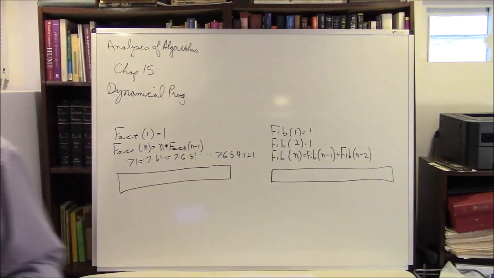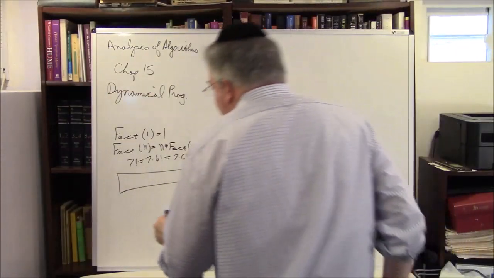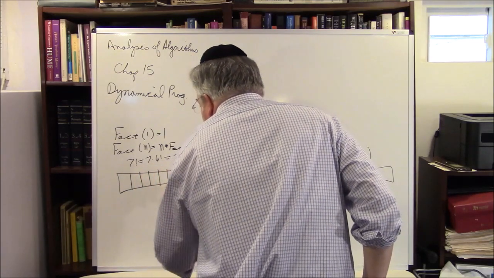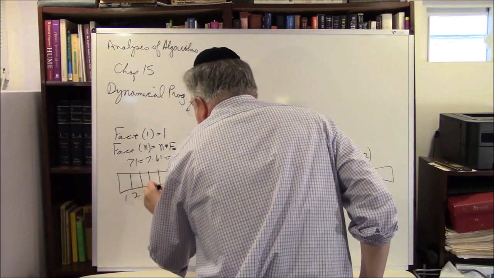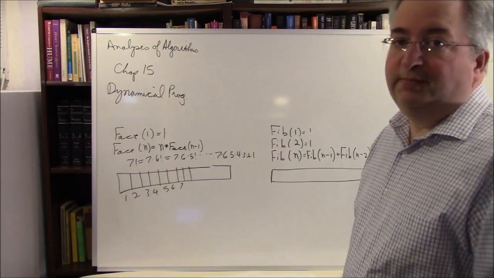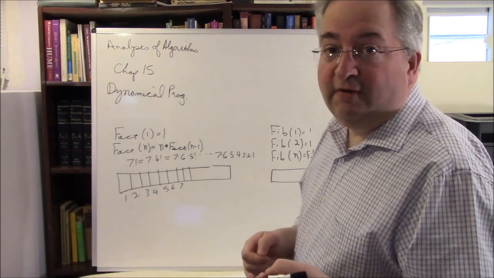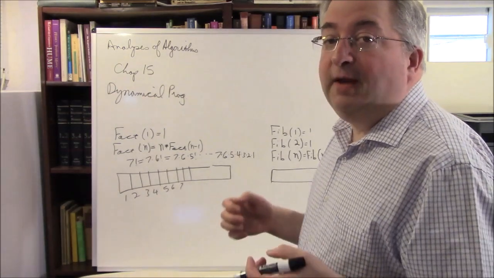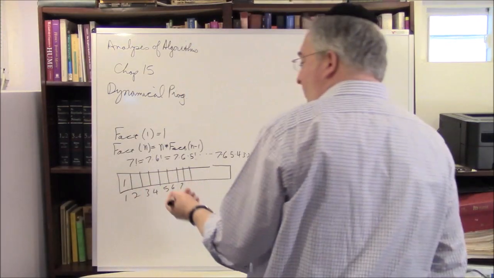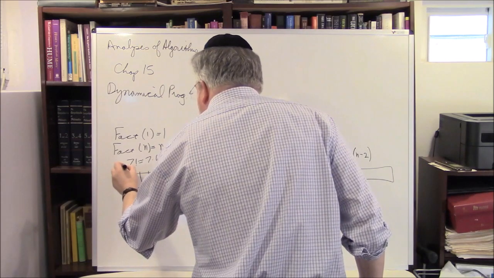But let's talk about the dynamical way of programming. The dynamical way of programming is much easier. It says as follows. You want to know what 7 factorial is? Very simple. Figure out what the small problems are first and build up till you get to 7. So this is going to be a matrix called factorial.